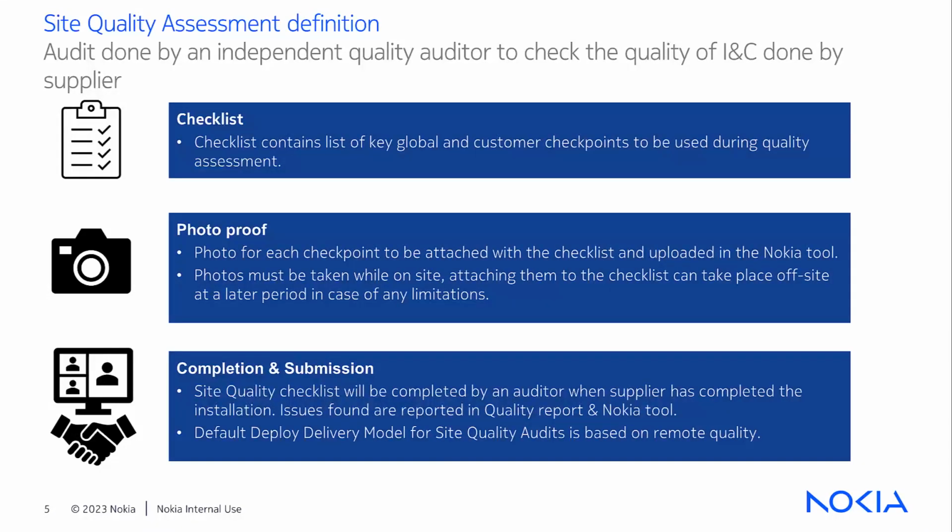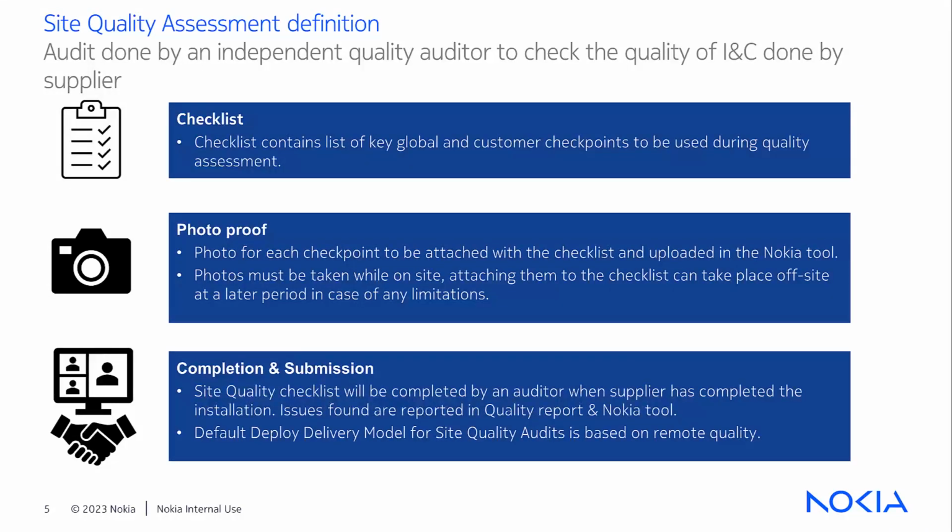It is advised that projects choose checklists from the global quality checklist based on their scope and, if necessary, add customer-specific checkpoints to the list and get approval on final checklist only if deviating from the global checklist.